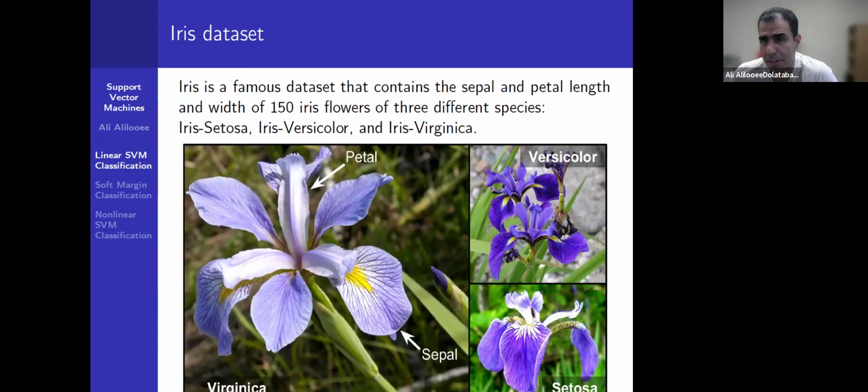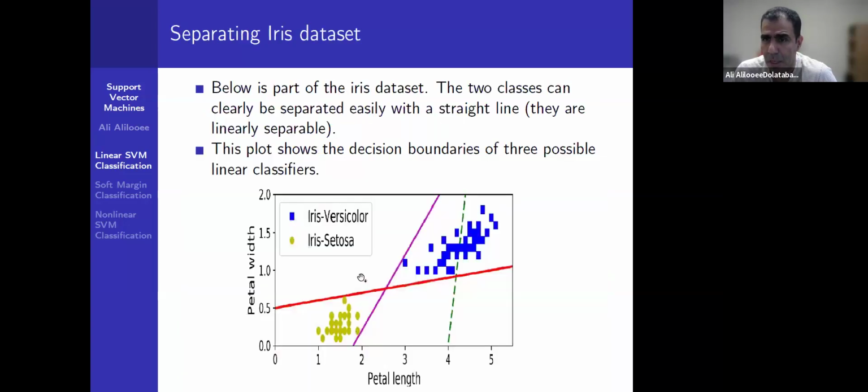This dataset consists of petal and sepal lengths and widths of 150 iris flowers of 3 different species: iris setosa, iris versicolor, and iris virginica. I'm not sure if I am pronouncing them correctly, I'm sorry. And here we have these different types of iris.